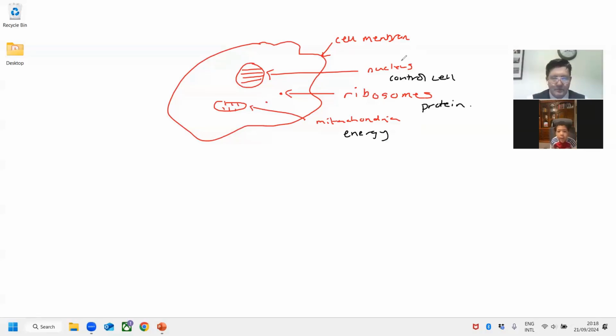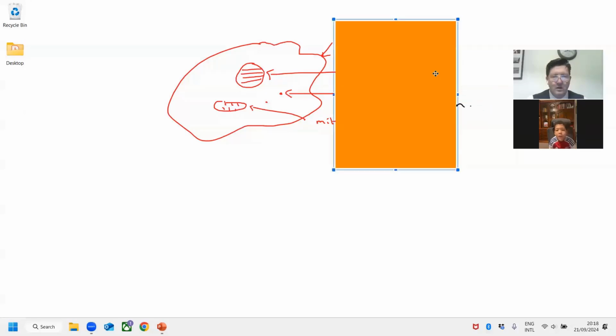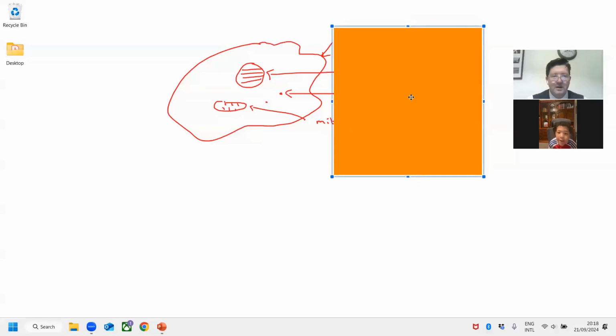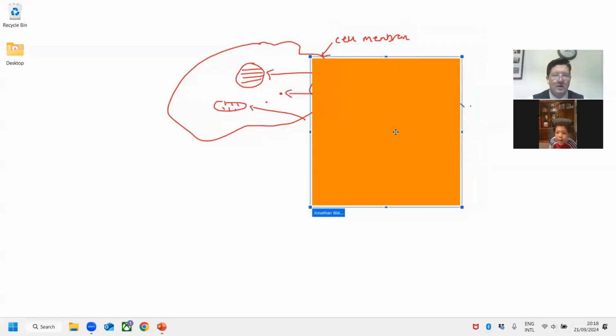All right. So once more, let's just see how you get on with this. What's the top label? Cell membrane. Excellent. What's the next label? Nucleus.